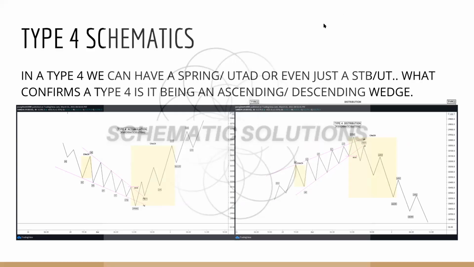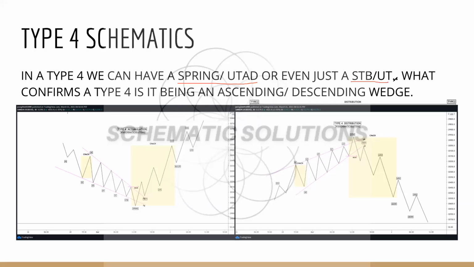And you guys can see just from looking at the picture right now, look at the type 4. We understand schematics are consolidation sideways, but this is consolidation going down. We have wedges. So this is why we really like to inform you guys about the type 4s as well. Pretty much we can have a spring or a UTAD, or we could just have an STMB or an upthrust.